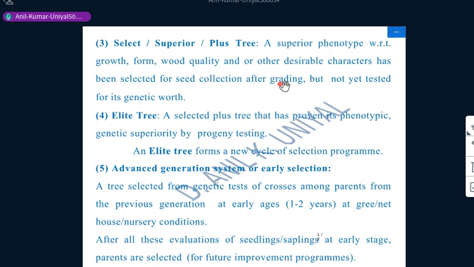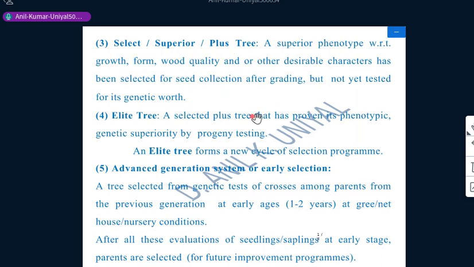How many trees you select may be 20 or 30 also, but generally 15 of those 150 are selected after grading. It means we have to grade or measure all 150 candidate trees, and among those only 15 trees are selected after grading, and those 15 trees will be known as select tree or superior tree or plus tree. Plus means those have all these desirable characters.